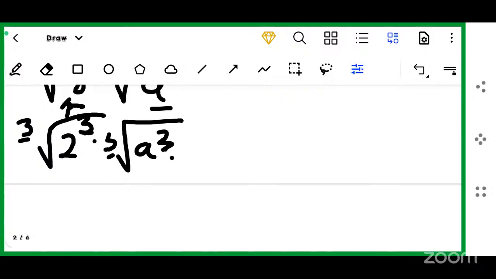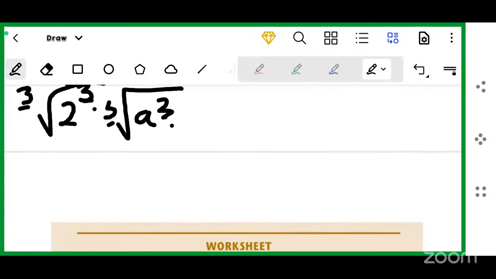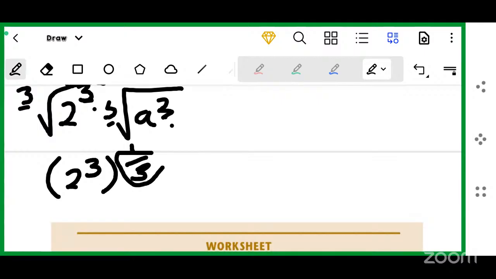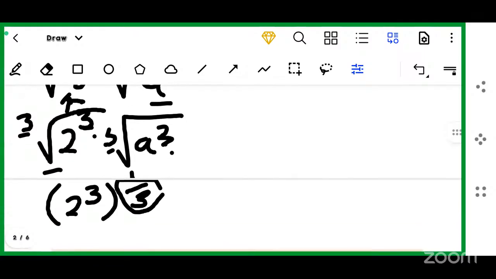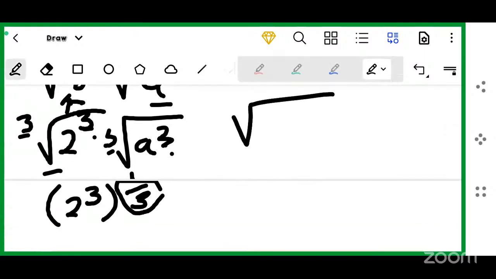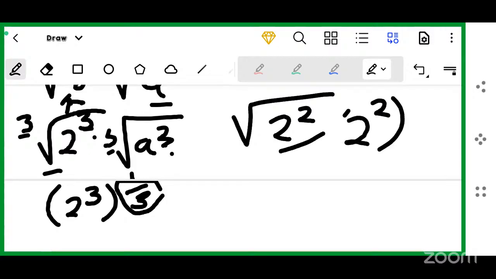Or you can work it out by writing the bracket 2 to the power of 3, to the power of 1 over 3, because a cube root can be explained this way. If it's a square root, let's say the square root of 2 to the power of 2, this can also be written as 2 to the power of 2, to the power of 1 over 2.